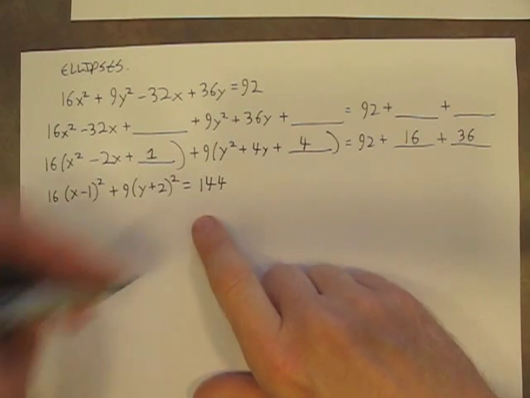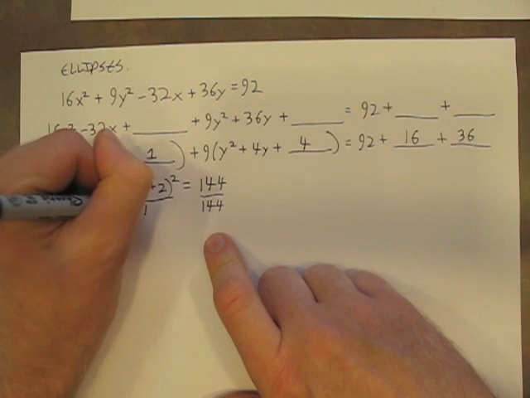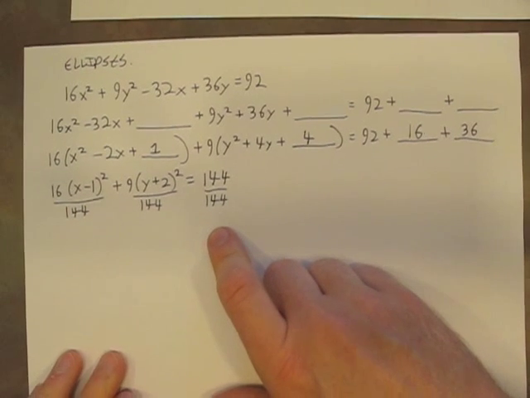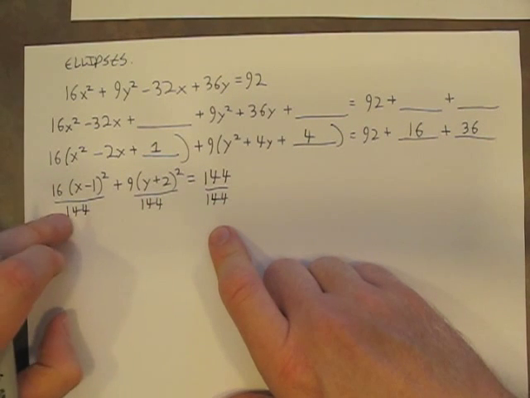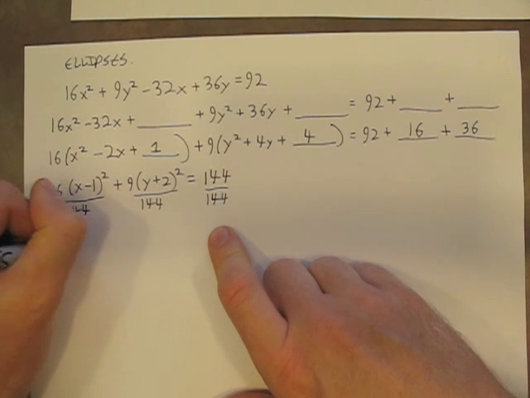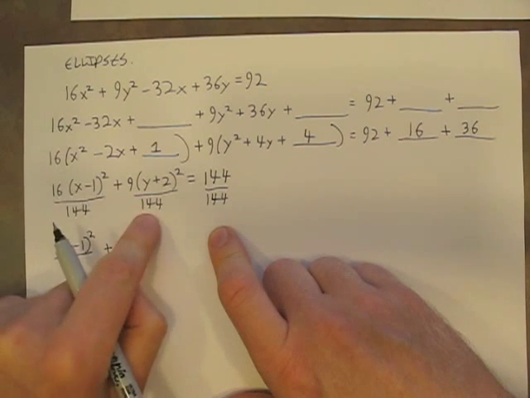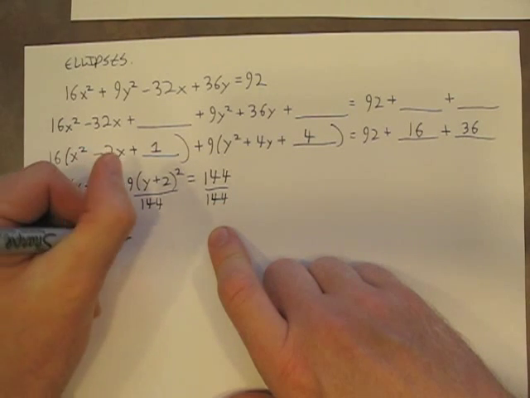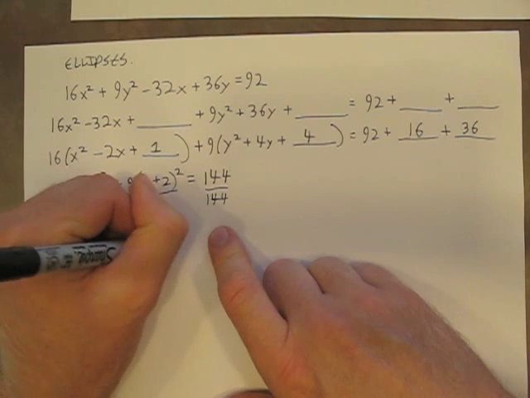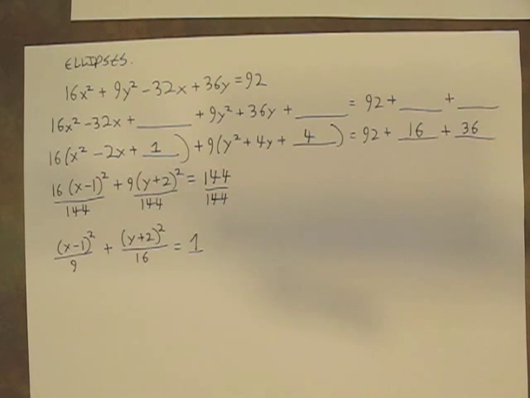And now I'm going to divide everything by 144. And so now I'm going to get 144 divided by 16 is going to be 9. 144 divided by 9 is going to be 16. And that's going to be equal to 1.